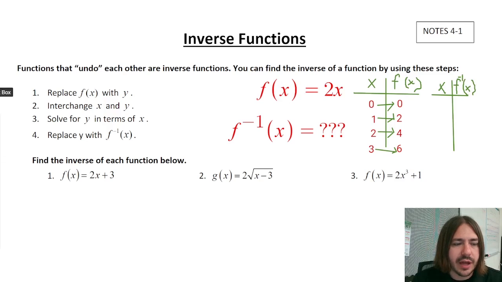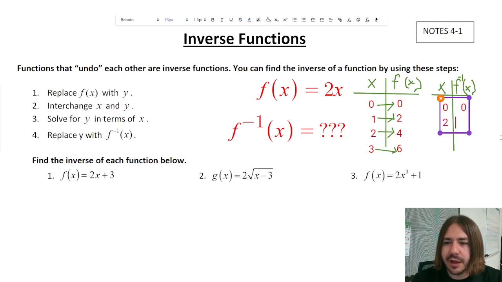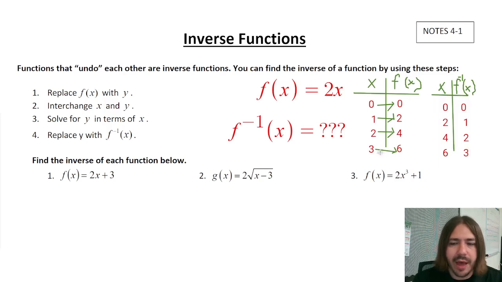While we might not know all the data points, we can pick the ones we see here: if I input 0, I output 0. If I input 2, I output 1. If I input 4, I output 2. If I input 6, I output 3. So you can see that this mapping is just flipped, reversed from the original function.